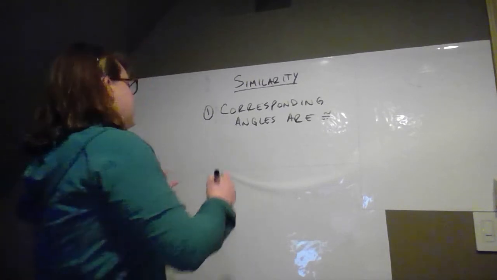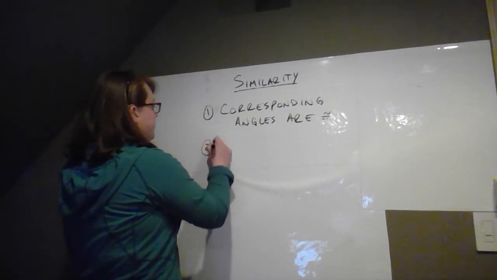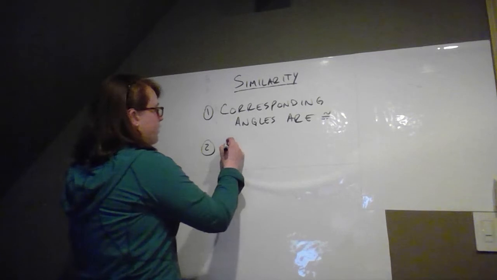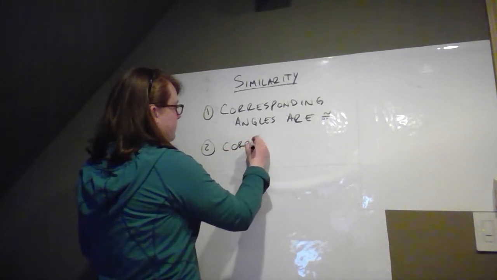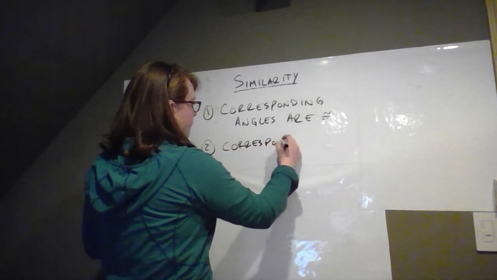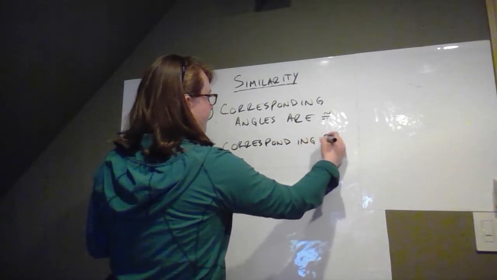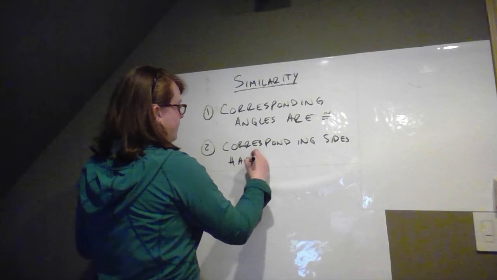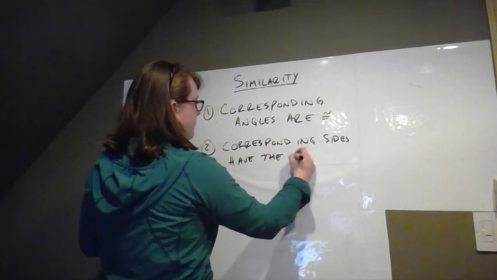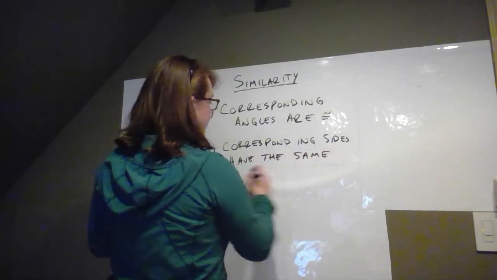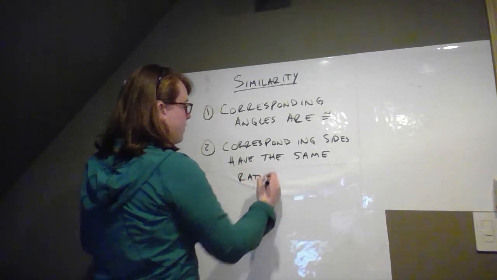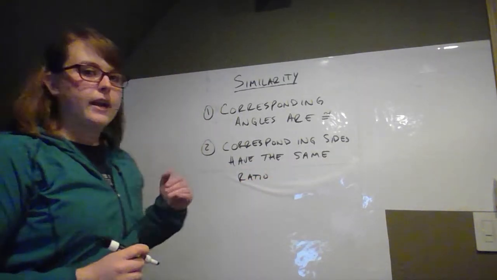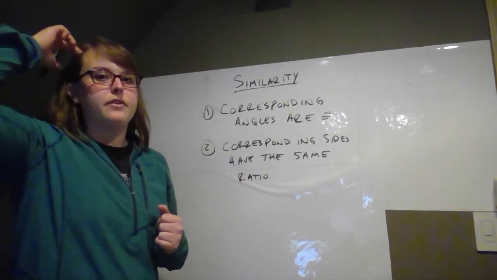And then the second thing it tells us, which is where it's different than shapes being congruent, is that corresponding sides have the same ratio. Okay, so we have corresponding angles congruent, corresponding sides have the same ratio.